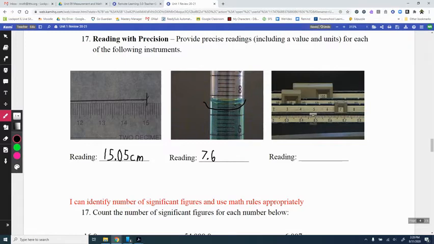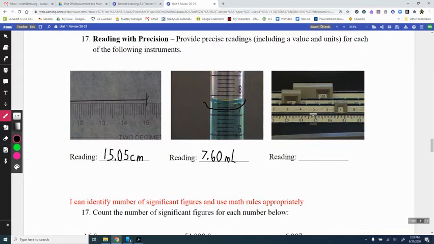And I'm going to just say 7.60 because I think it's right on that mark. If you were to say 7.61, that would be fine, okay? Or if you were to say 7.59, that would be fine. Now, last thing, milliliters, okay?